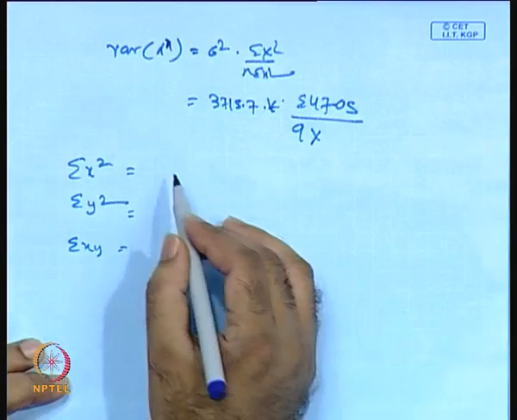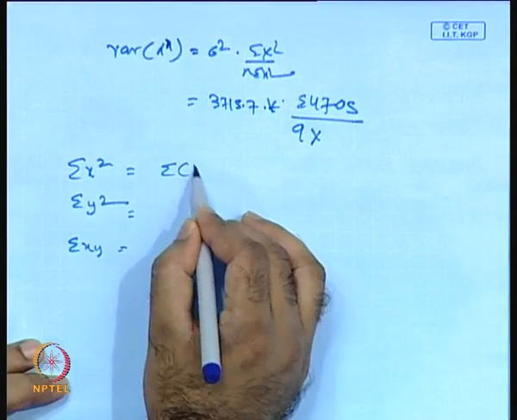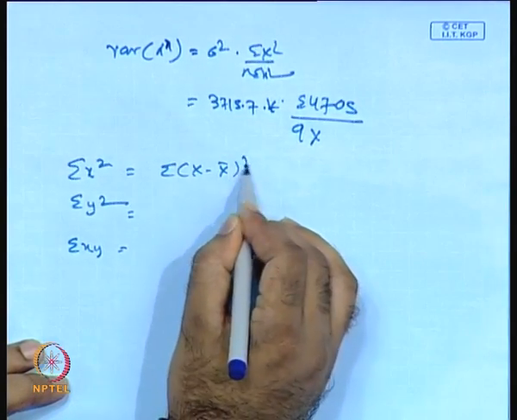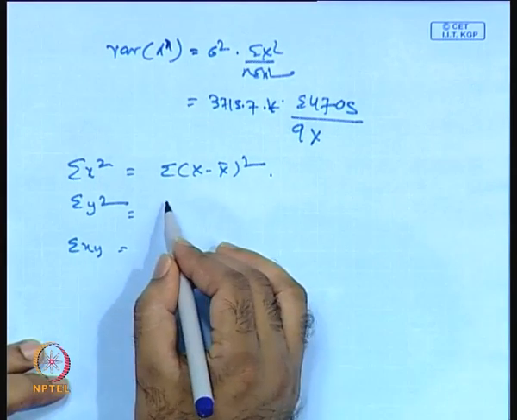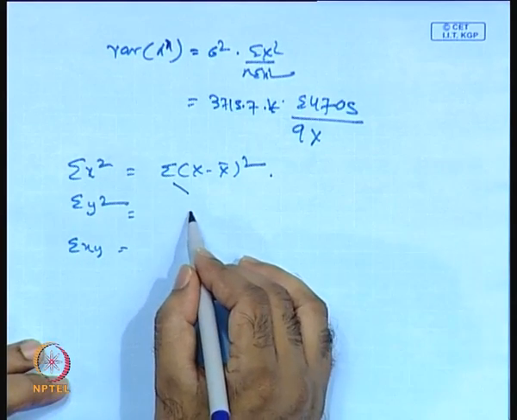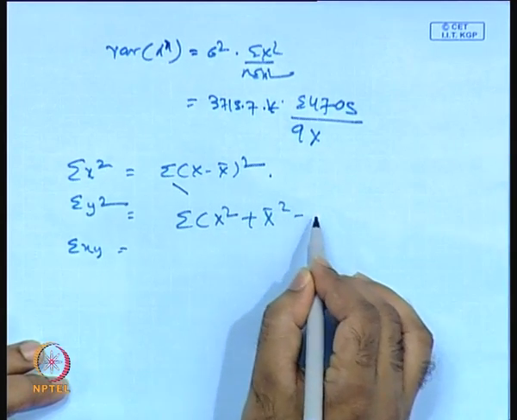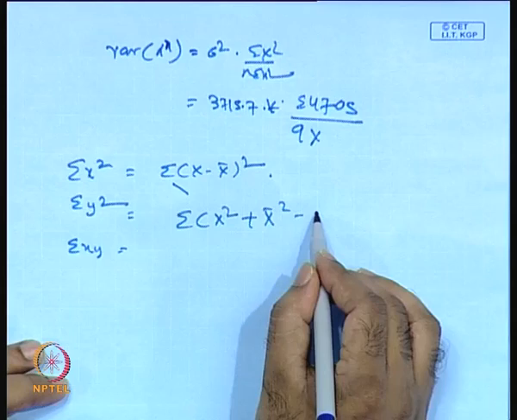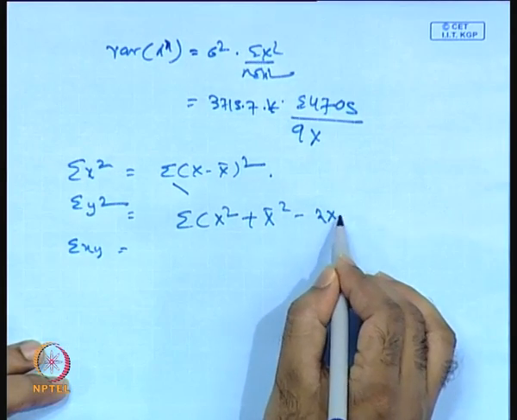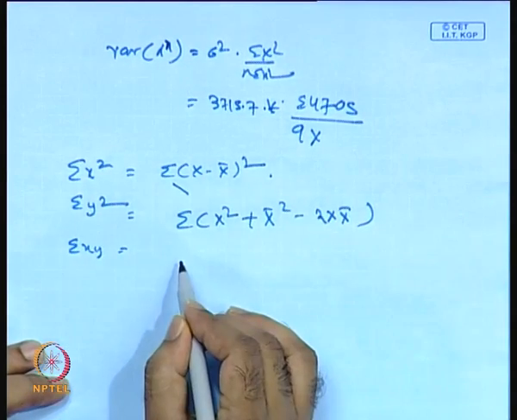So what we have to do here is summation x minus x bar whole square. If we simplify this further, this is summation x square plus x bar square minus 2 into x bar x.